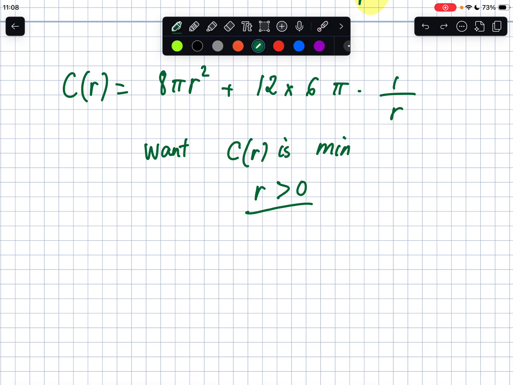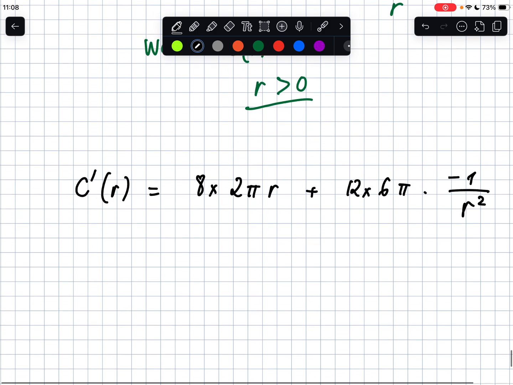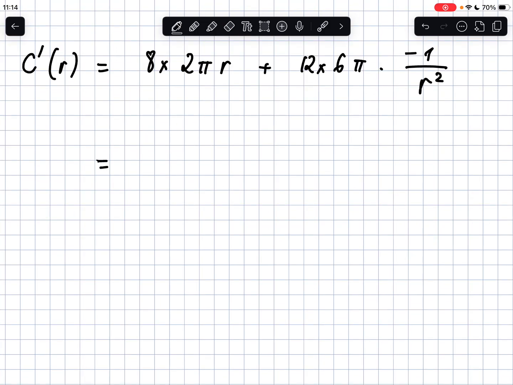Let's compute C prime. C prime is 8 times 2π r, plus 12 times 6π times minus 1 over r squared. Here you see that we have π in common. I can group π.